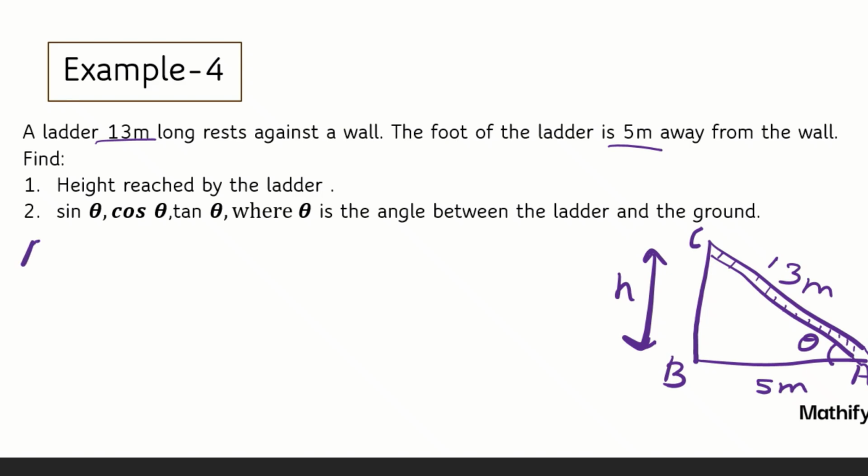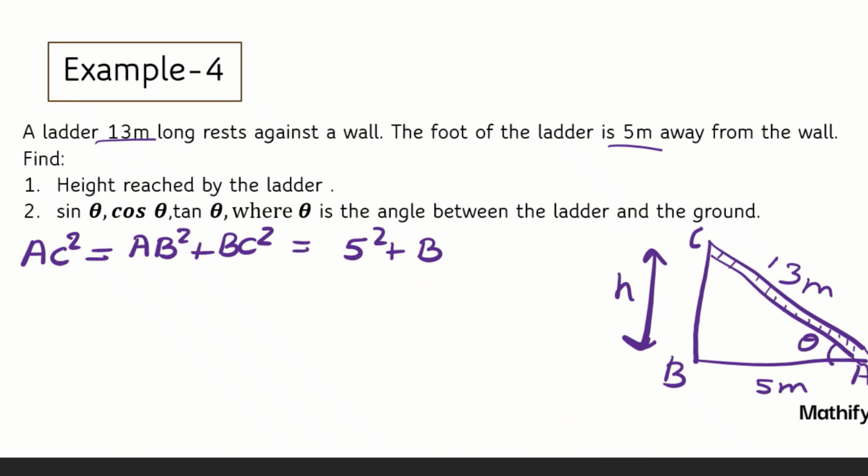So AC square is equal to AB square plus BC square, which is nothing but AB is 5 square, and BC is not given.